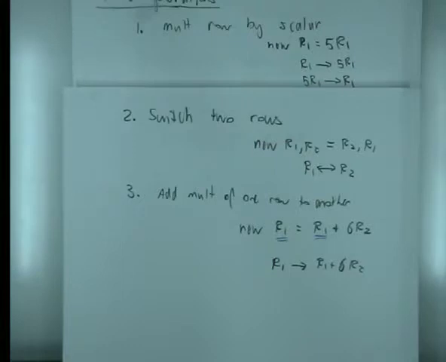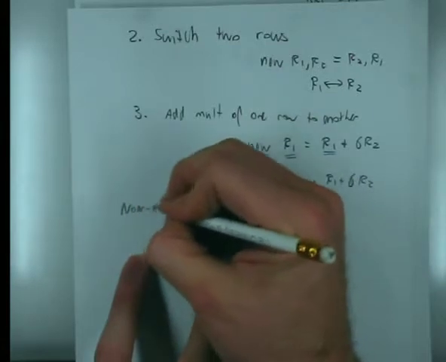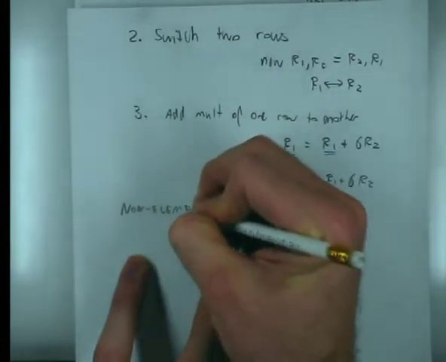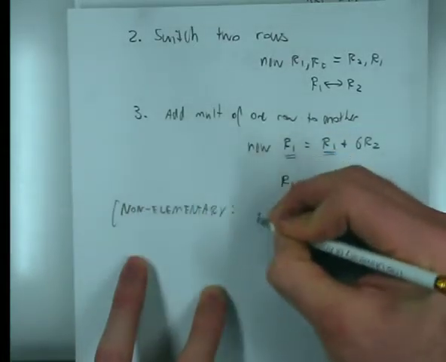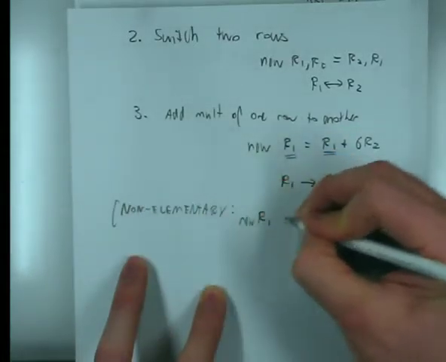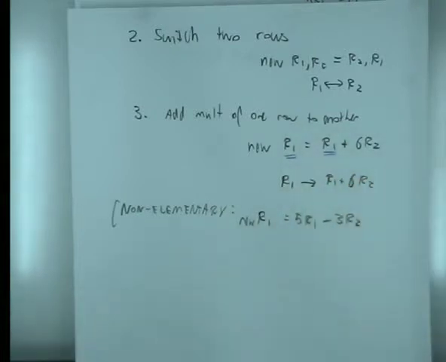Okay, so you're not allowed to do non-elementary row operations, you know, 5 of row 1 minus 3 of row 2 goes into row 1. That's not an elementary row operation. It's a perfectly good row operation, and it will not break most things.